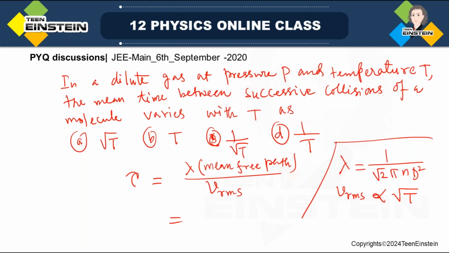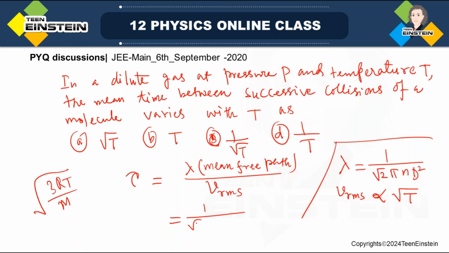Now if we put it here, look, some constant will be there. VRMS actually is root over 3RT by m, I think. So anyway, I'm taking other things as constant.